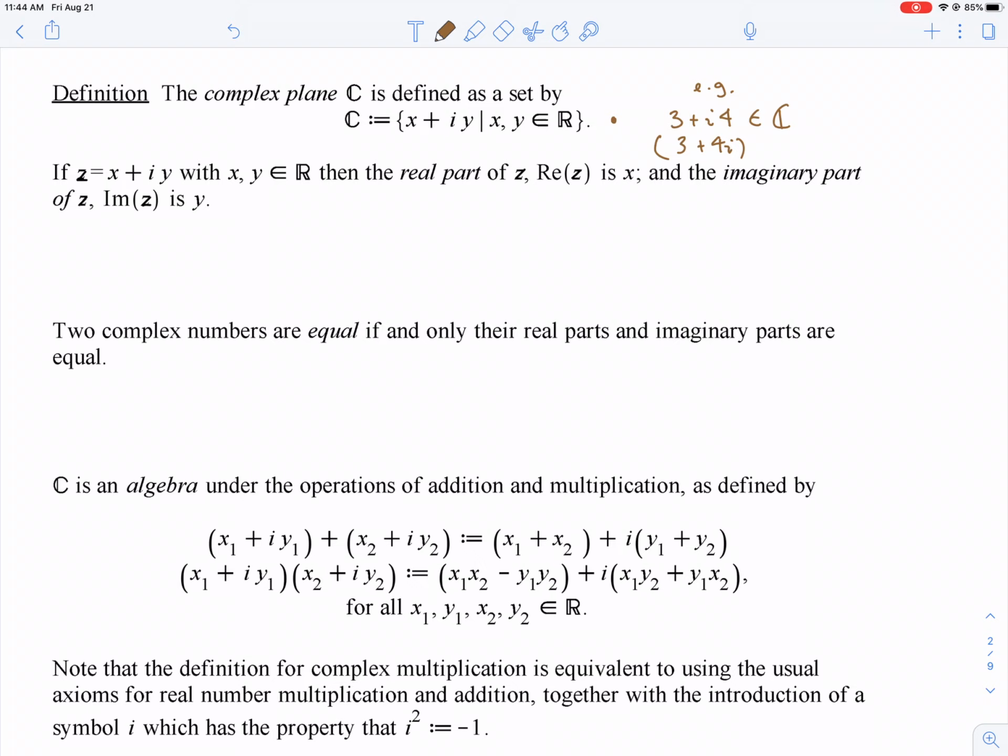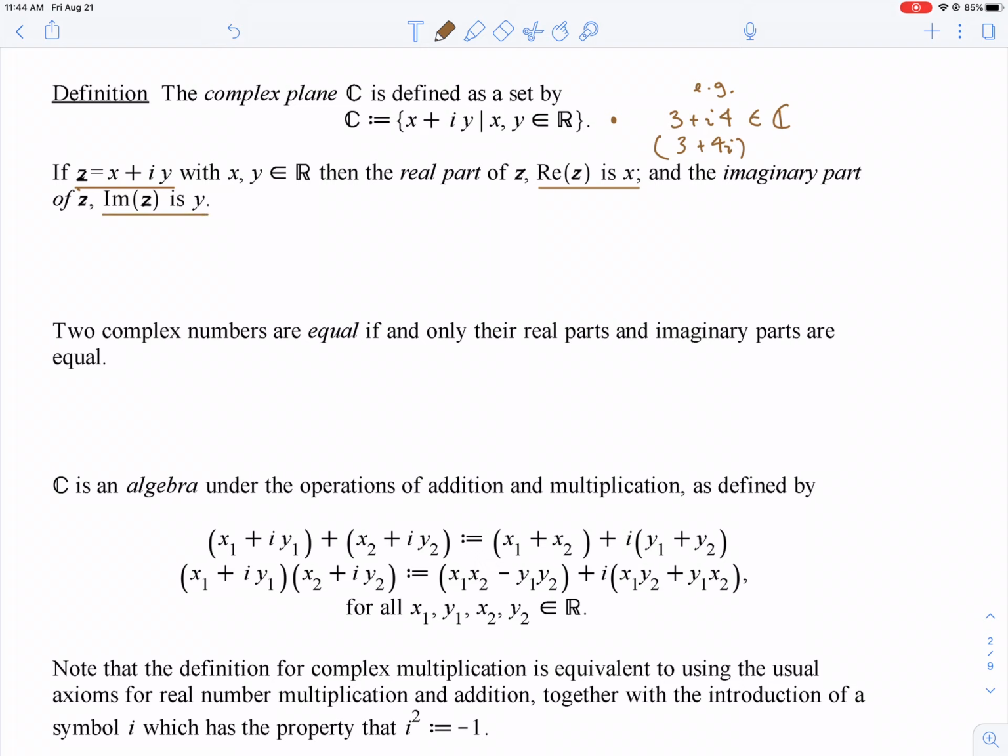Two complex numbers are the same if and only if their real parts and imaginary parts agree. And so if you have a complex number z equals x plus iy, where x and y are real, then we say that x is the real part of z, and we abbreviate those words by saying Re of z is x. And we say that y is the imaginary part of z, and we abbreviate that with Im of z.